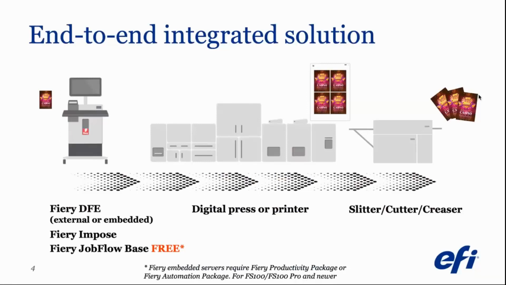So through the use of what we call the imposition template, Fiery Impose can quote-unquote talk to the finishing device using a job ID and tell the finisher what cut sequence is required for a job. And this integration workflow can further be automated with the help of Fiery JobFlow Base.